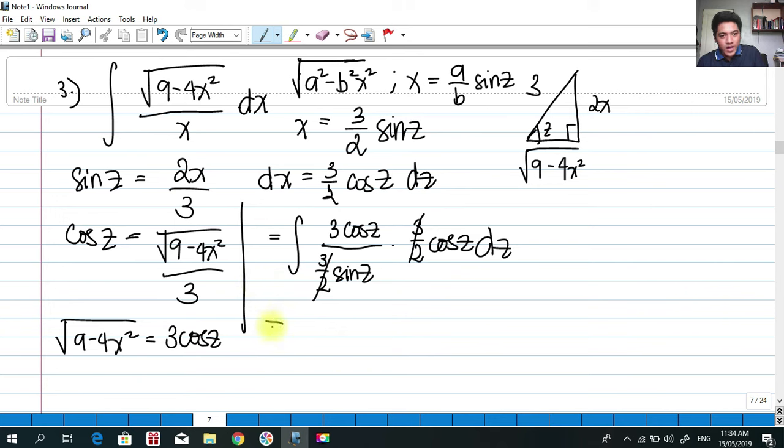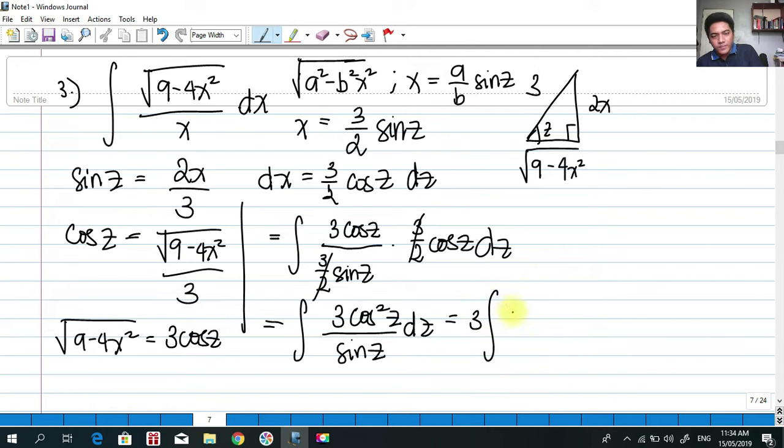So we now have the integral of 3 cosine squared z, cosine times cosine, over sine z dz. We can factor out 3 outside of the integral: 3 integral of cosine squared z, which is equal to 1 minus sine squared z, over sine z dz.